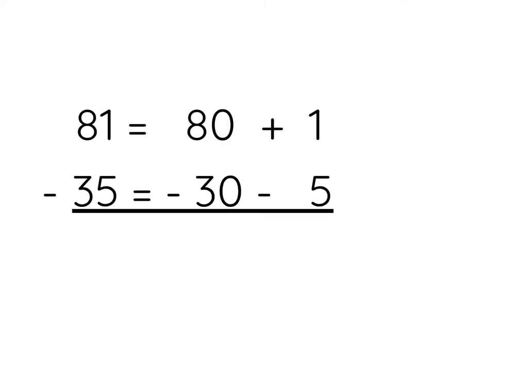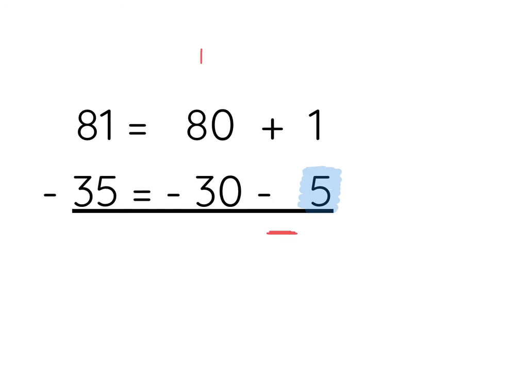All right, 81 subtract 35. Check where your big digit is. Notice your big digit is on the bottom because 5 is larger than 1. So I'm going to have a negative number right there.